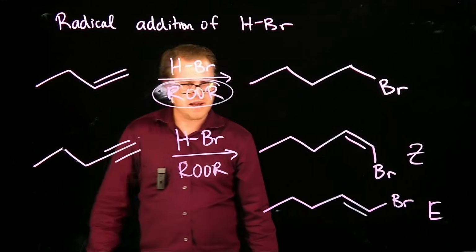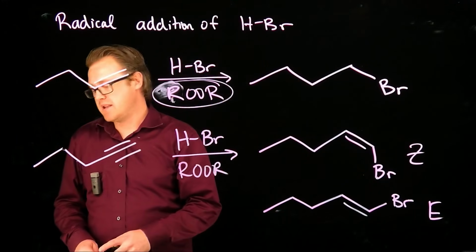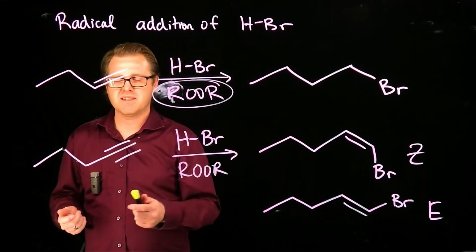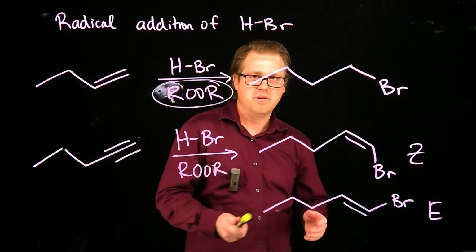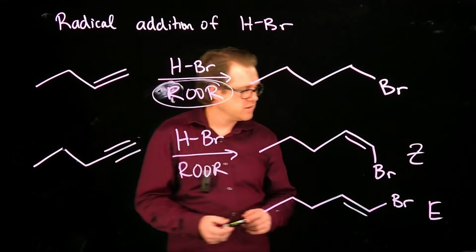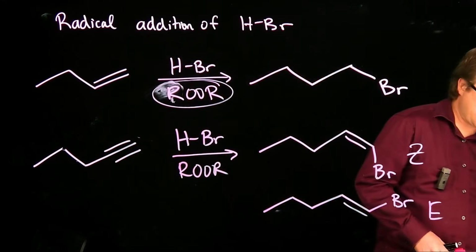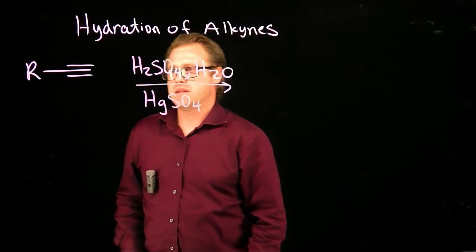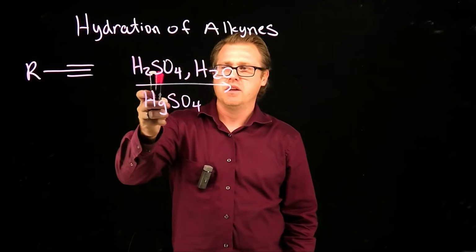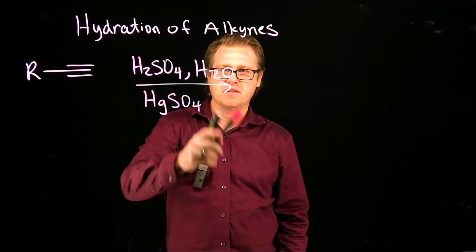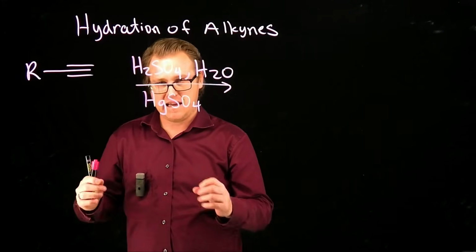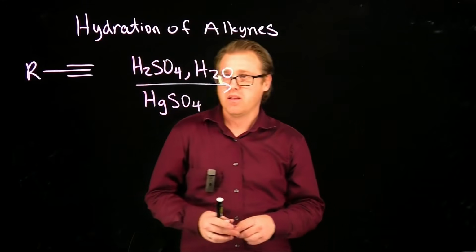Okay, so the next reaction that we're going to talk about is the hydration of alkynes. Hydration, what's that word mean? We're adding some water. So hydration of alkynes. You can take an alkyne, you treat it with sulfuric acid and some water, and you need to add some of this mercury sulfate to get the reaction going.